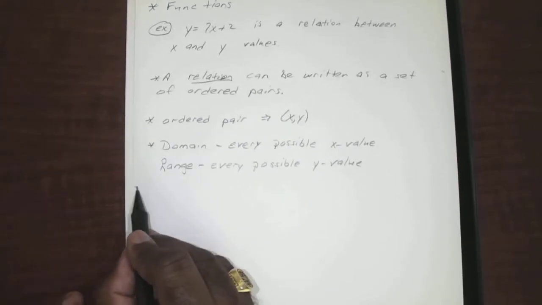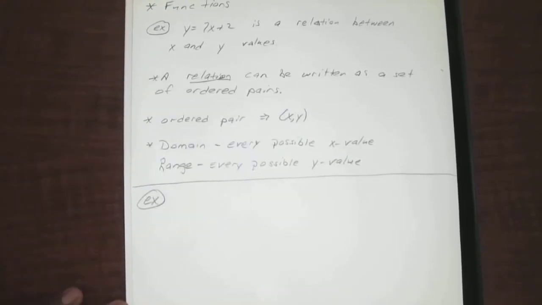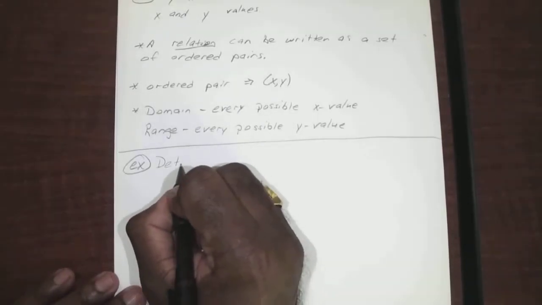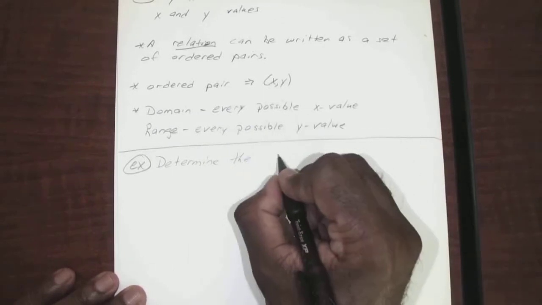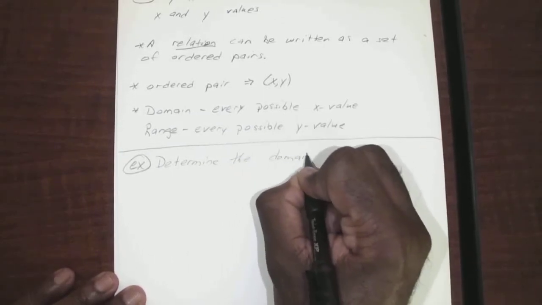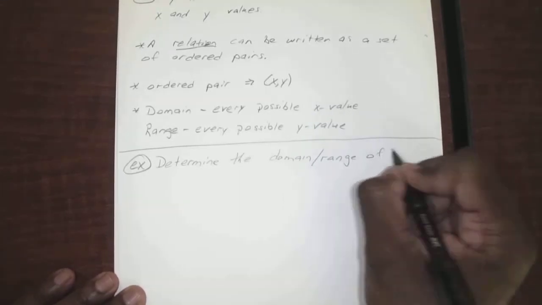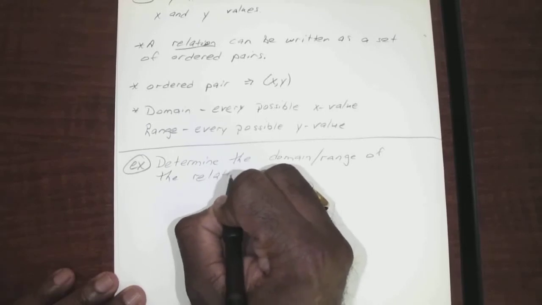Okay, so let's say, for example, if we wanted to determine the domain and the range of the relations.